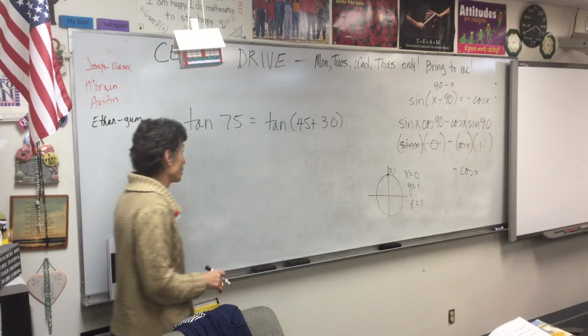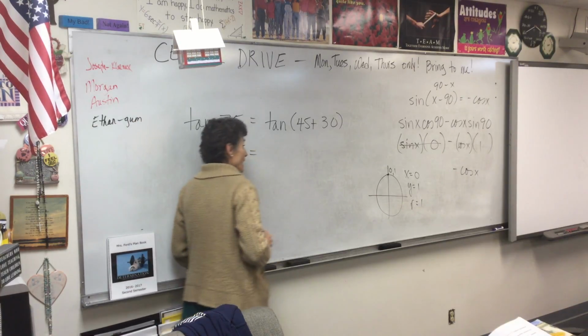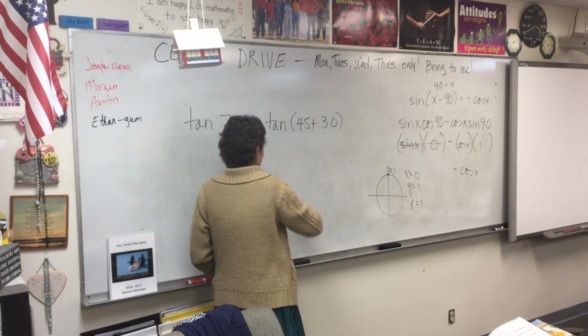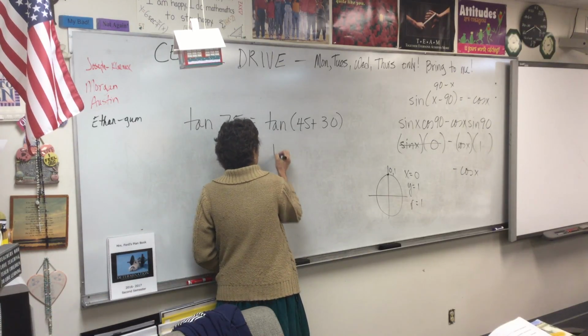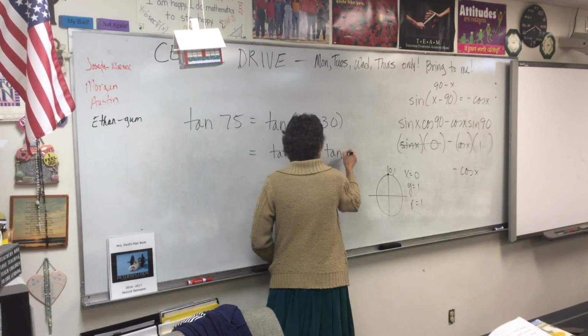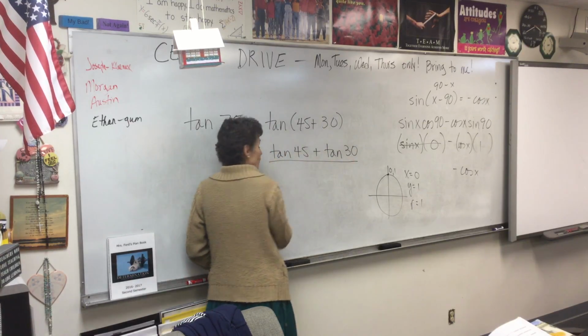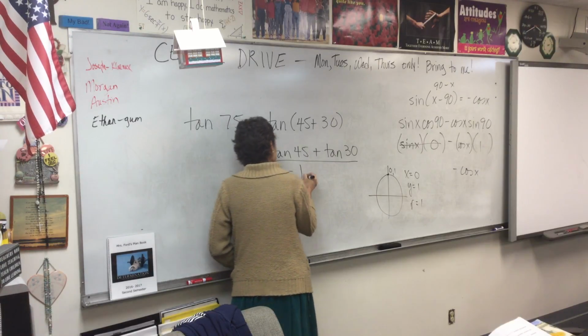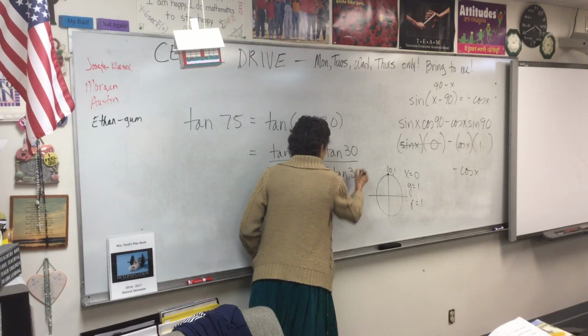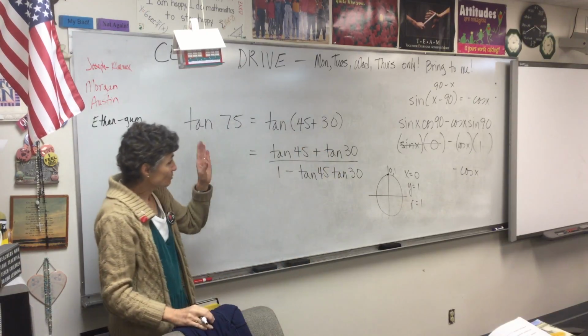Okay? So, what's my formula when I have to do the tangent of a sum? I just erased it here with x's and y's. What is it? Tangent of the first plus tangent of the second over 1 minus tangent of the first, tangent of the second. So now I'm right back where I was with Katie's problem.